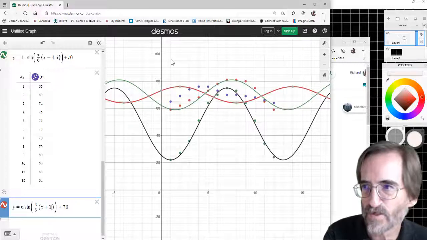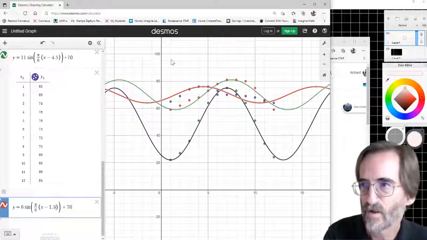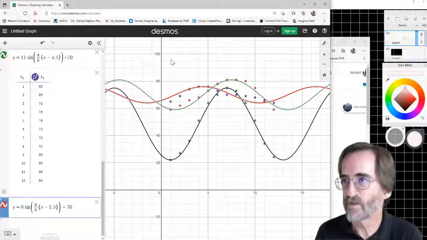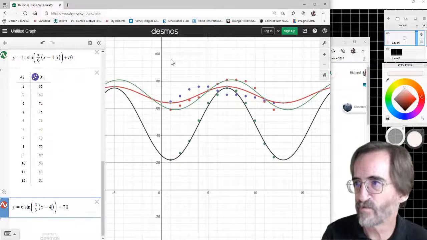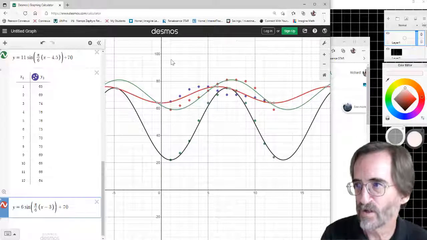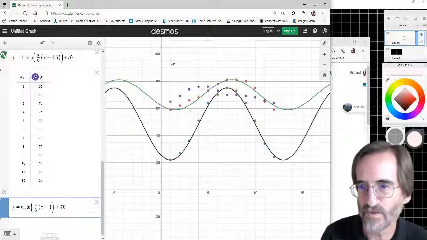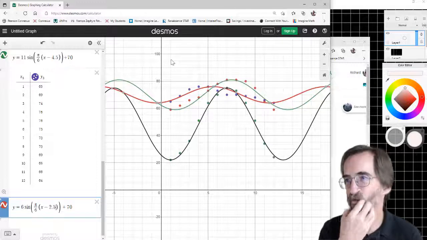If I went plus 1.5 or minus 1.5, it matches the peak but not the rest of the function. So I'm going to fiddle with this. If I go 4, and I'm going to go 3. I think 3 kind of splits the difference. 2.5. Yeah, 2.5 is probably the best.